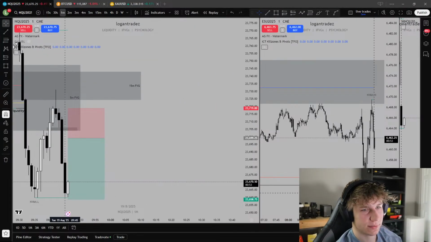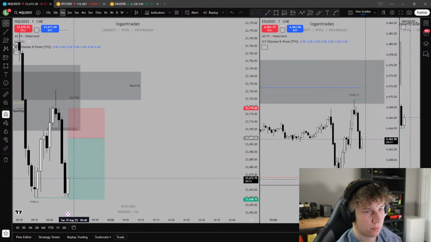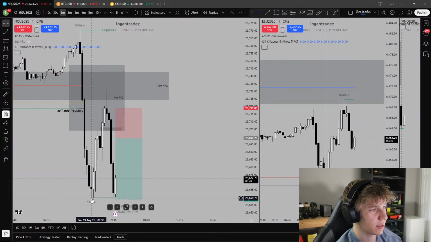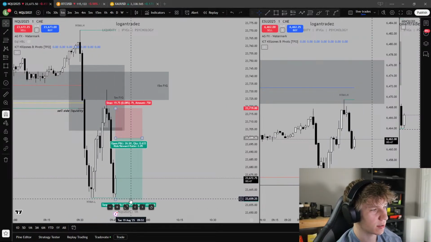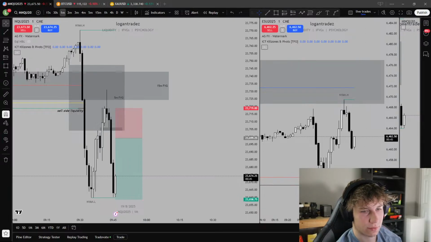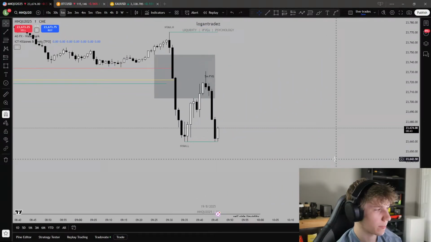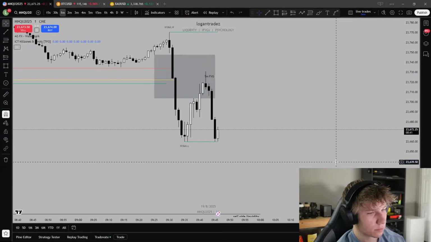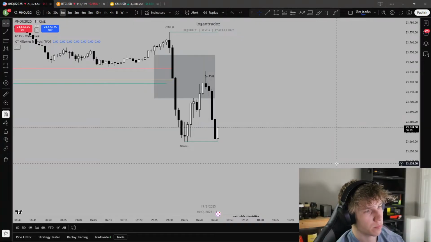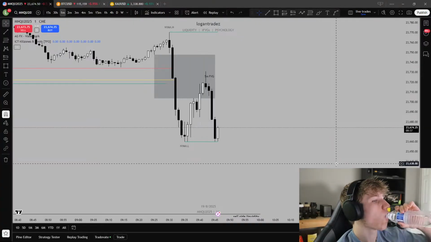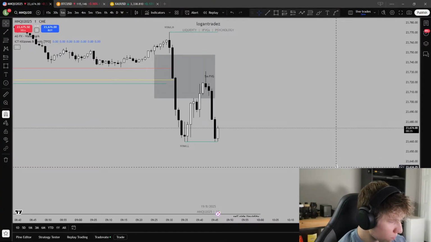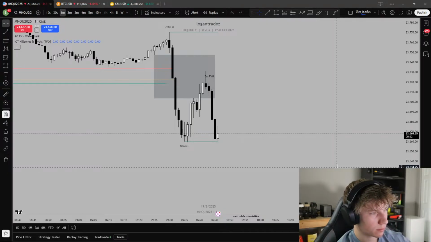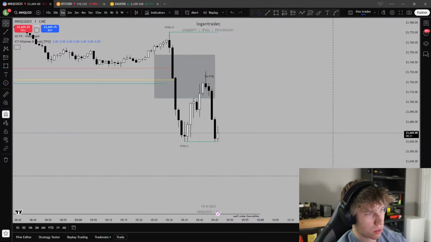That's bearish. And we just made equal lows on NQ, or relative equal lows on NQ, with low of session. What do you mean you can't tell?